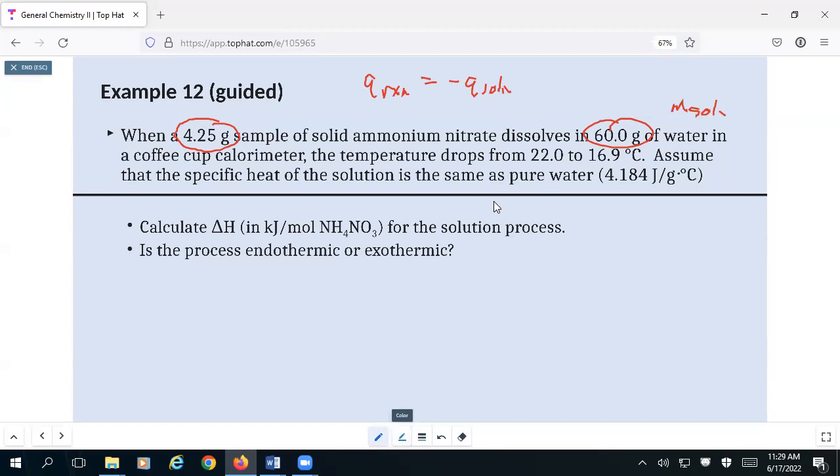So Q of solution would have been equal to the mass, 64.25 grams, times the specific heat, 4.184 joules per gram degrees Celsius, times the change in temperature. Final temperature was 16.9. Initial temperature was 22.0.